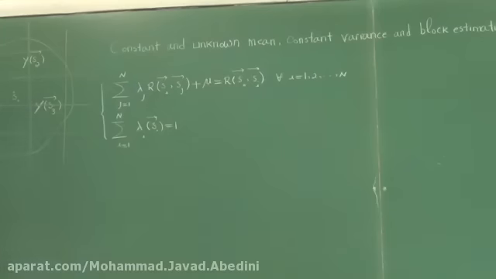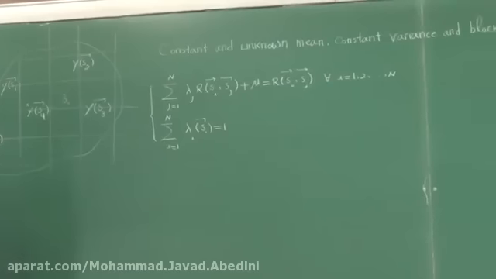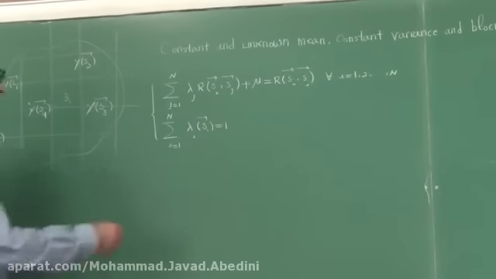This is your Kriging system in terms of covariance function for the case when your mean is constant and unknown, your variance is constant and your estimation is pointwise. You could write your Kriging system in terms of variogram as well.